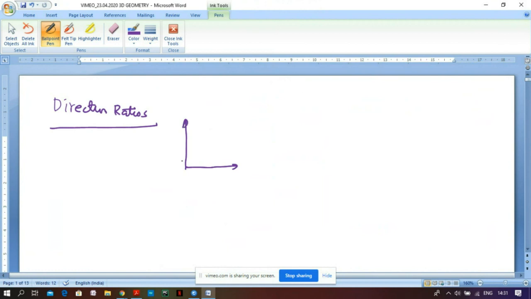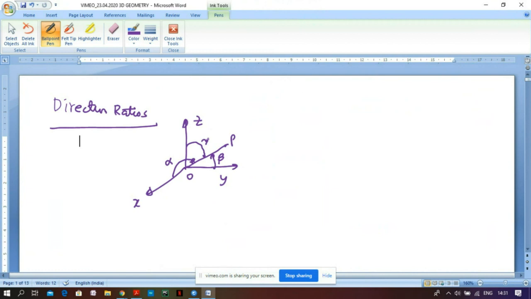Given x, y, and z, the usual coordinate axes, suppose there is some line that you call OP. This is O and this is P. Then this OP makes an angle alpha with the positive direction of the x-axis, angle beta with the positive direction of the y-axis, and an angle gamma with the positive direction of the z-axis.